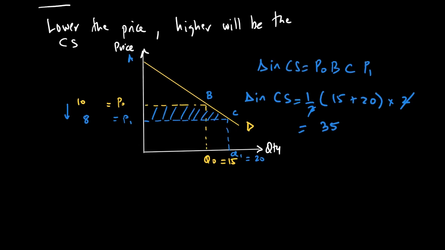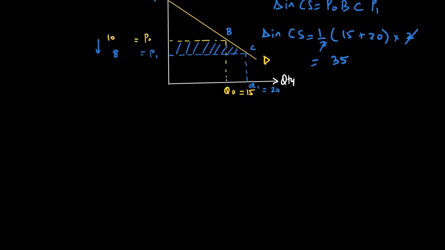The second factor that we say affects our consumer surplus, so number 2, is price elasticity of demand. Price elasticity of demand is telling us what we are willing to pay. The price tells us what we actually pay, but price elasticity of demand tells us what we're willing to pay.